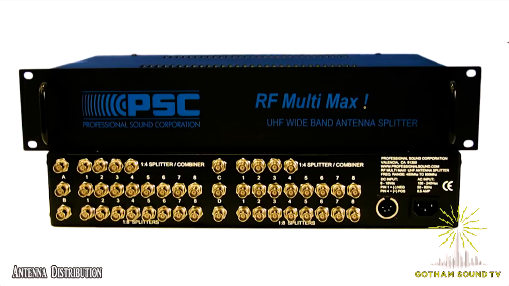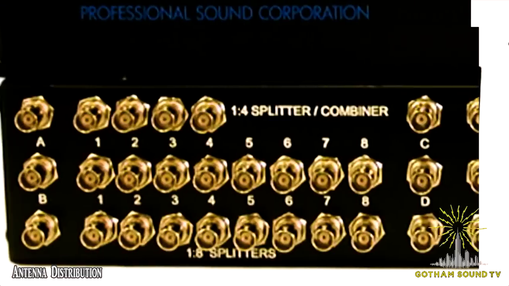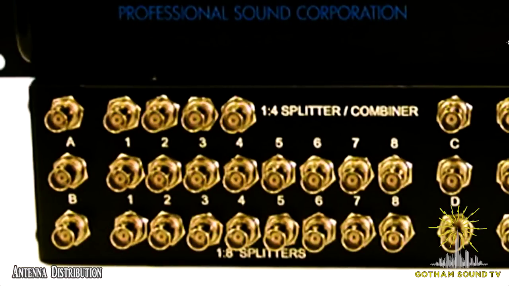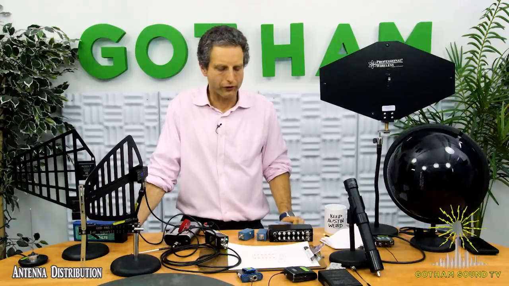But if we zoom into the combiner, this is a 1-to-4 combiner, but we're going to use it as a combiner, and those 4 inputs on the top right there become our zone inputs. And so I start to split things off into diversity.